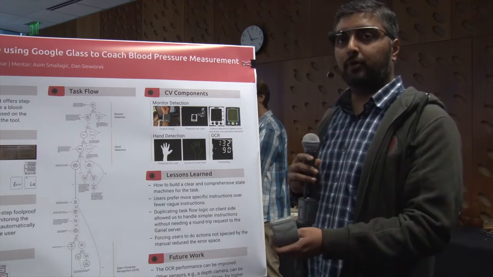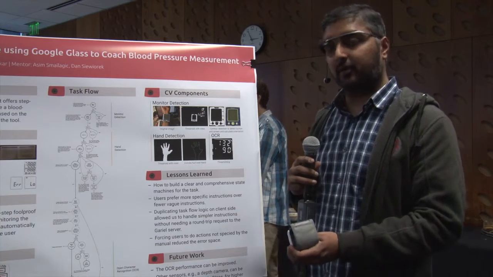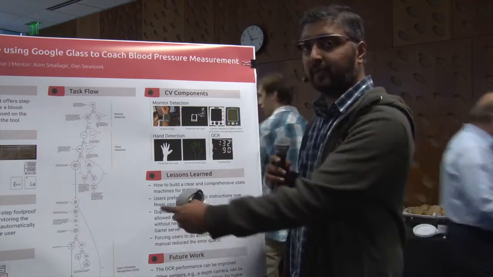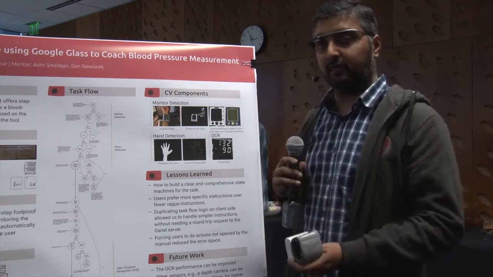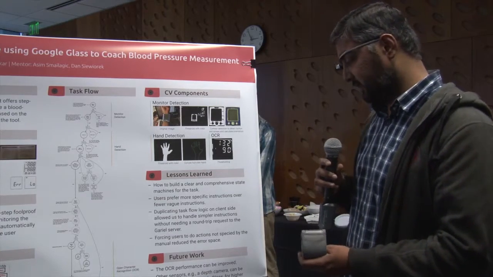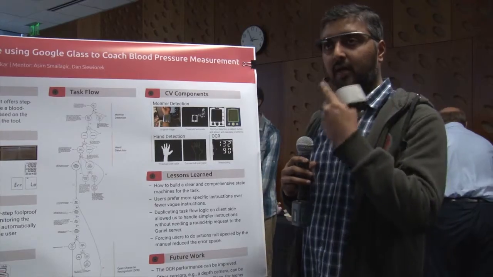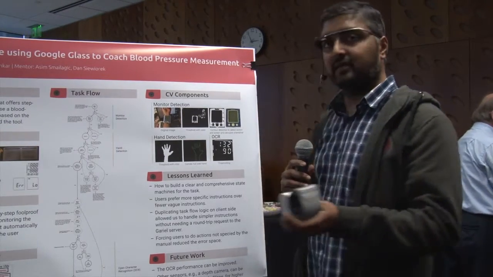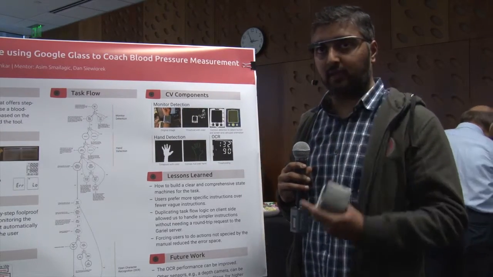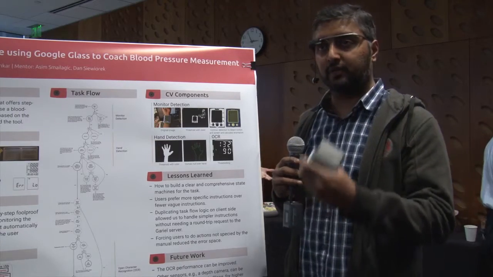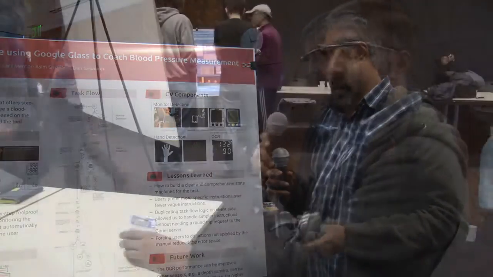The future work would be to improve the OCR performance and to detect the start and the completion of the measurement. Other things that can be explored are other camera devices and other sensor devices along with the Google Glass, and using those inputs to give a better experience.